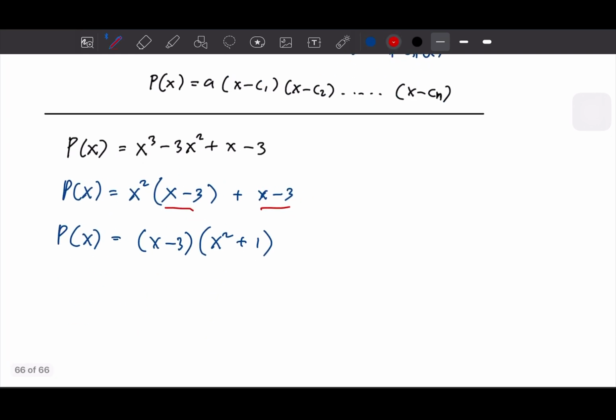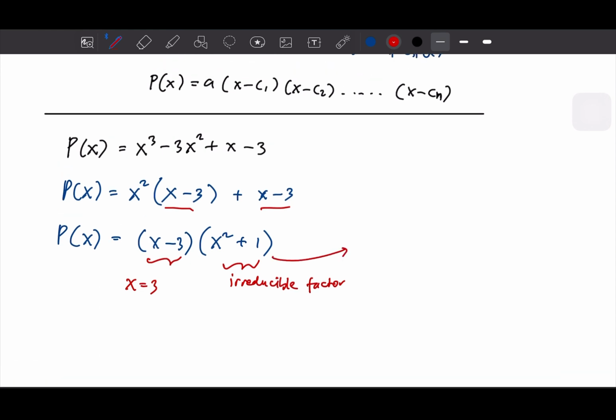We know that one of the zeros is 3, but x squared plus 1 is what we call an irreducible factor over the reals.